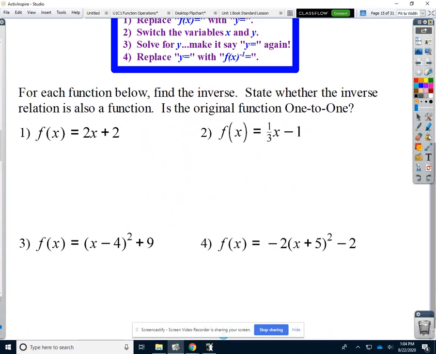So what I would like you to do is work through all 4 of these problems. You're going to follow the directions for each function below, find the inverse, then state whether the inverse relation is also a function, and then answer the question, is the original function one-to-one?